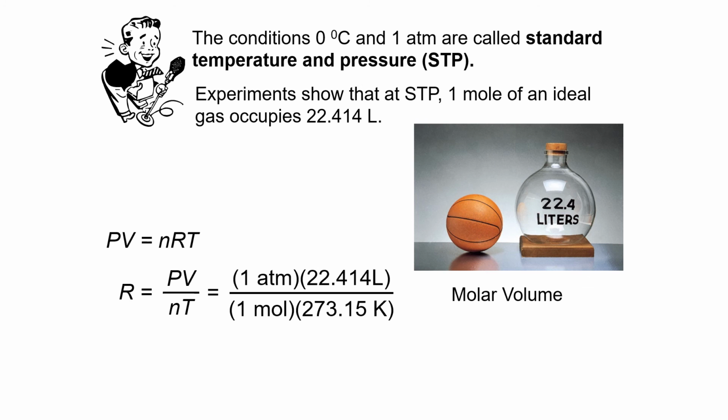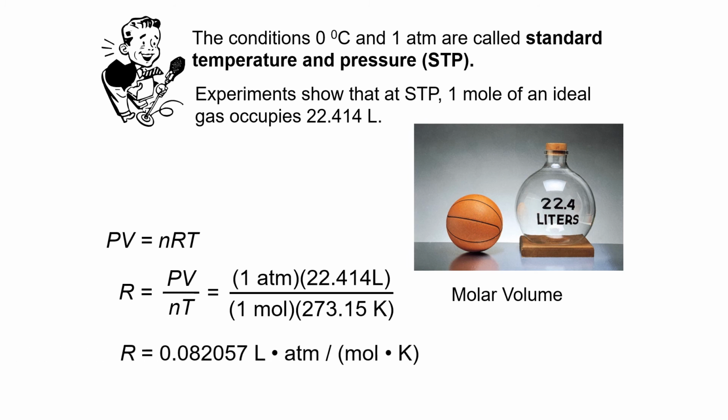So at STP, pressure is 1 atmosphere. Experimentally, it has been shown the volume is 22.414 liters. This is for 1 mole of gas at 273.15 K. 0 degrees Celsius is 273.15 K.